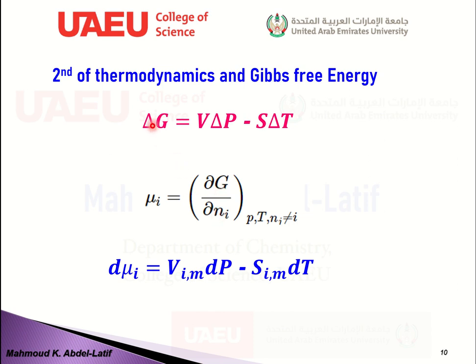So you end up with d mu when you do the differentiation with respect to Ni. So d mu i will be V i dP minus S i dT, where V is the molar volume and S is the molar entropy.